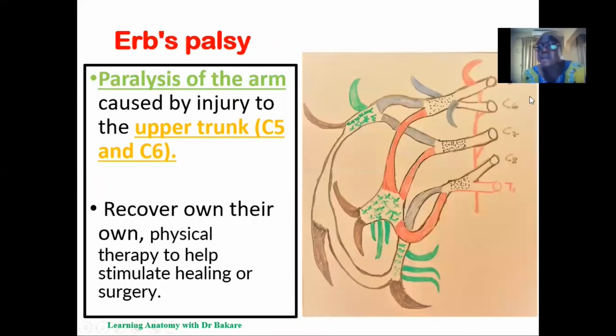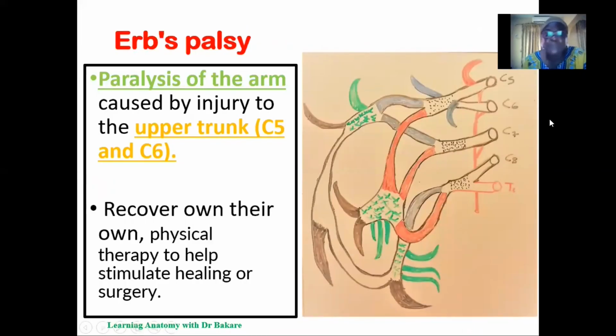We have Erb's palsy, the paralysis of the arm region. This occurs as a result of injury to the upper part of the brachial plexus, and this includes the upper trunk, which is formed by the C5 and C6 roots. When there is an injury to this area, because of the branches that emerge from it, which supply muscles located in the arm region, there's going to be paralysis of these muscles.